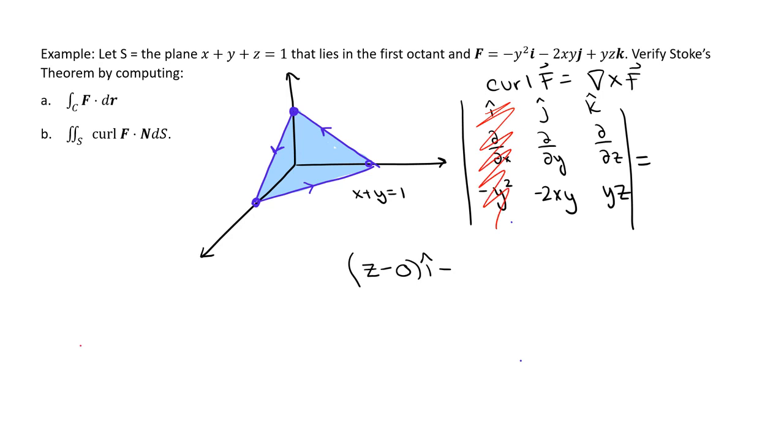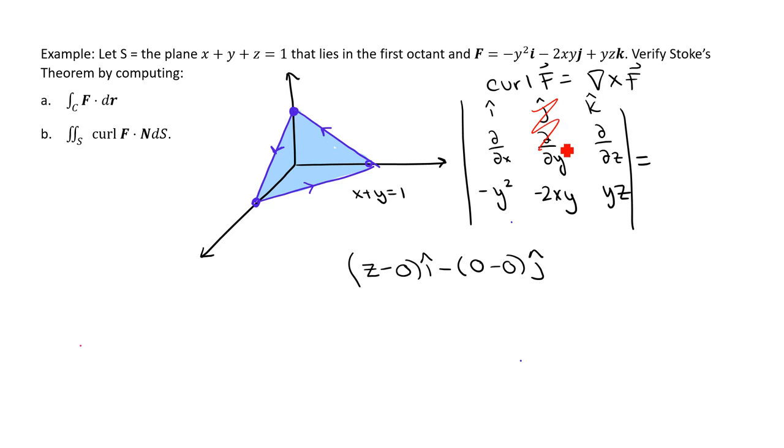So for my i component, I have to take the derivative of yz with respect to y. I got z. And then I'll subtract the derivative of negative 2xy with respect to z. Well, that's just 0. So there's my i component.